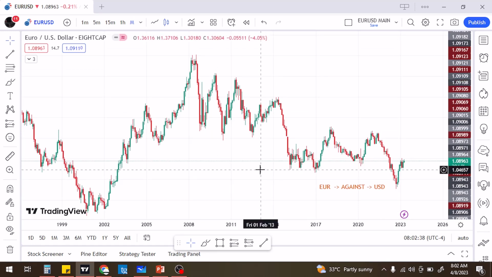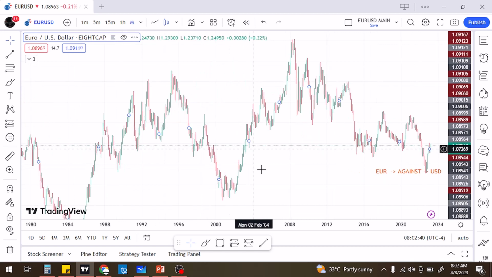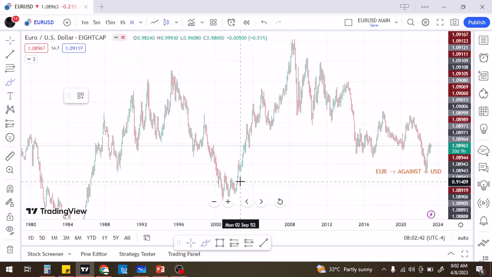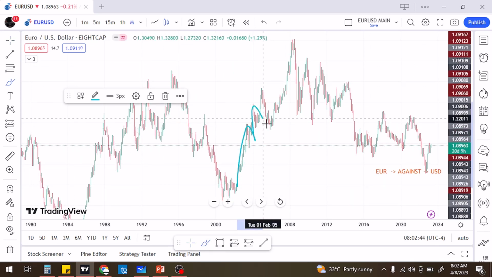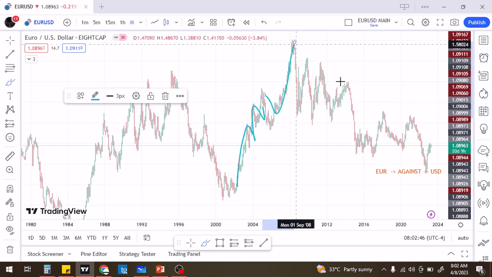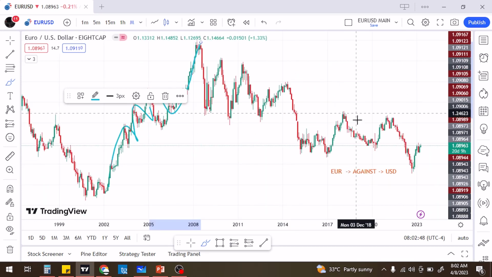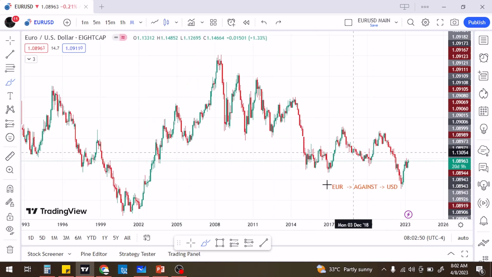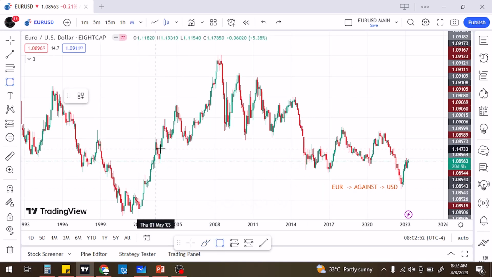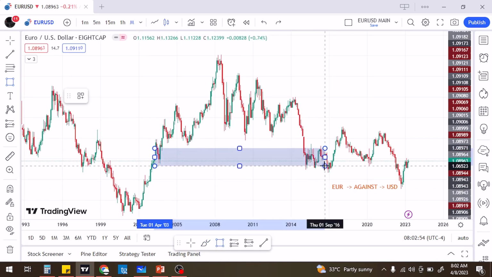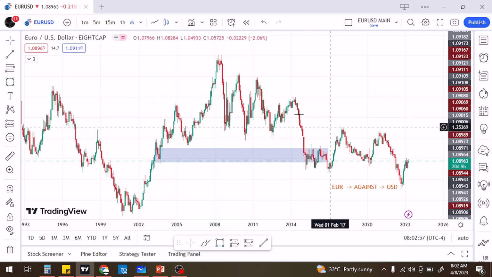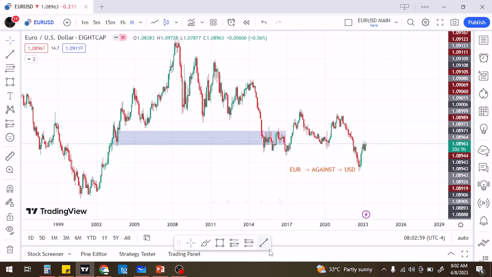For example, look at this push to the downside. Now when this market was going higher, you can see high, low, high, low, high, low, high, right? There are a lot of zones here that people just want to buy off of. For example, some people just want to buy off of this zone for no good reason.